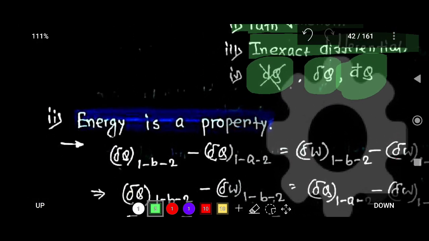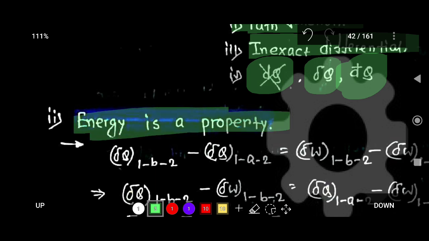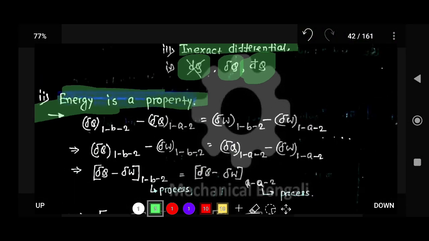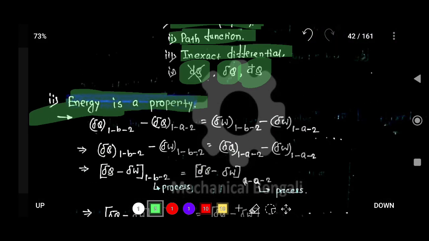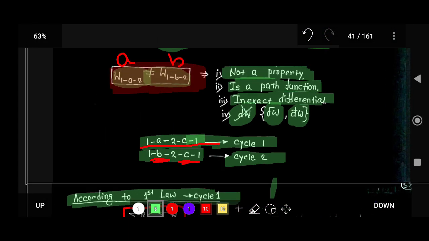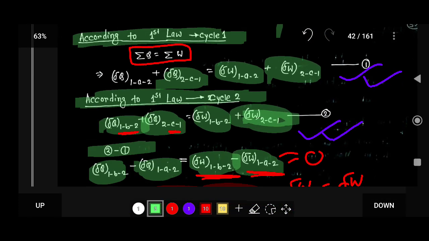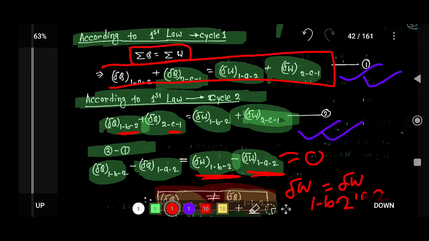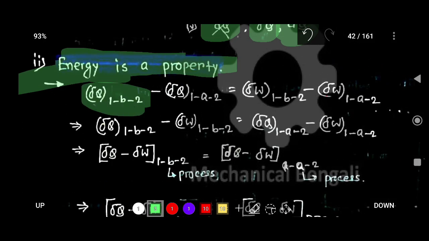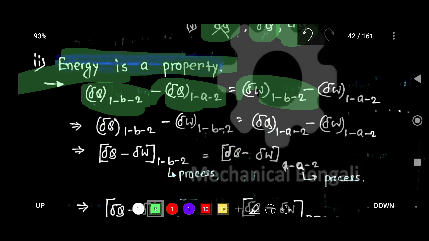Now, the second consequence is that energy is a property. Let's try to understand this. From the first equation, this equation is written this way: del q 1b2 minus del q 1a2 is equal to del w 1b2 minus del w 1a2.